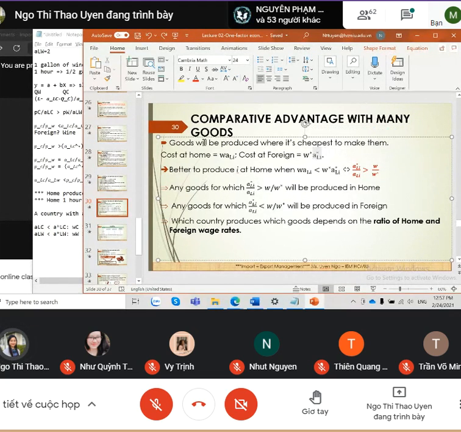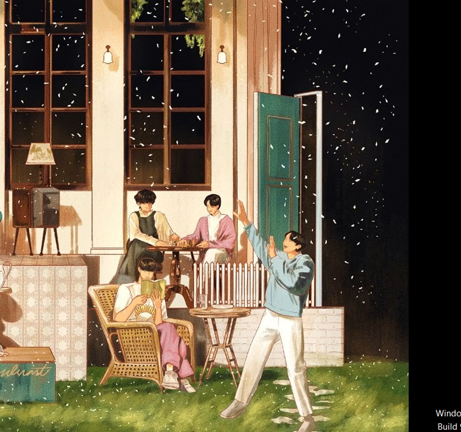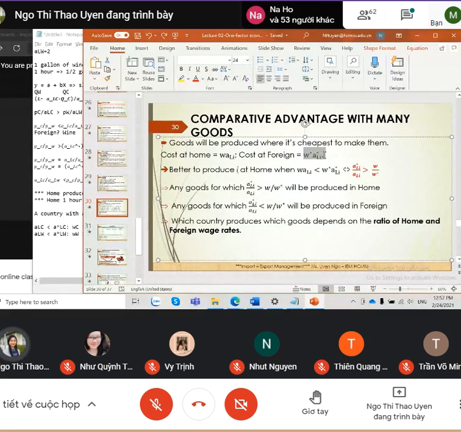There's a rule that goods will be produced where it's cheapest to make them. This is the cost of producing good i at home, and this is the cost of producing good i in foreign. So we should produce i at home when the cost to produce at home is smaller than to produce in foreign.